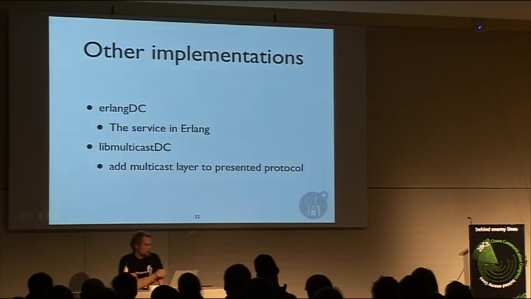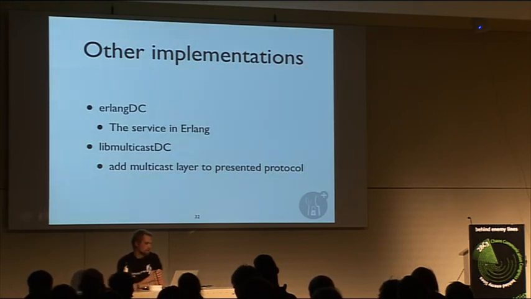I also did some other implementations, which is Erlang DC. It's the same but in Erlang, as I'm a big fan of Erlang, and it's maybe less scientific and more hackable and more suited for this kind of problem.